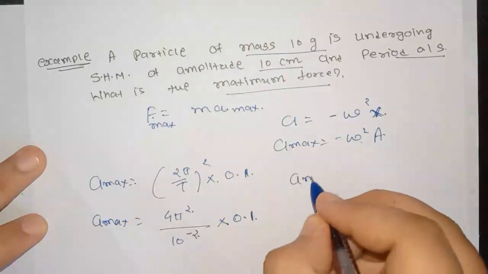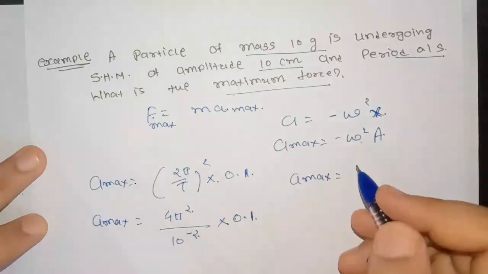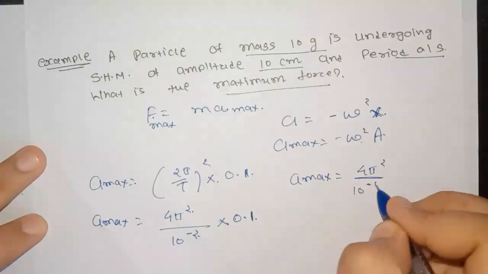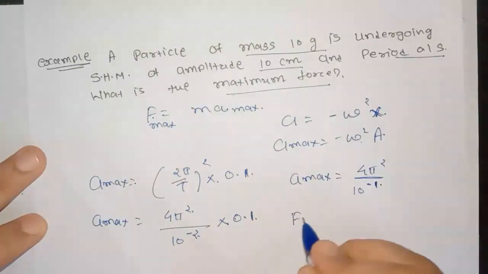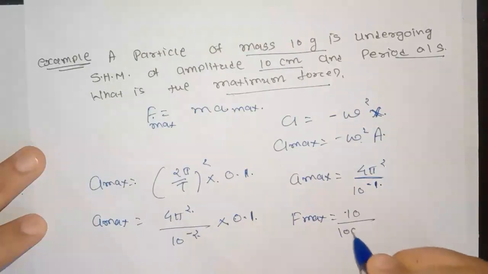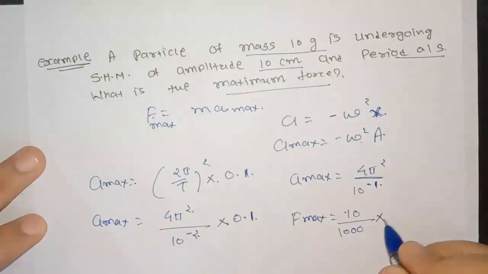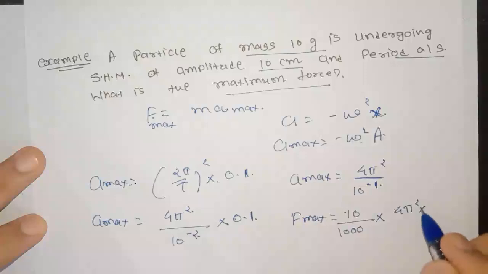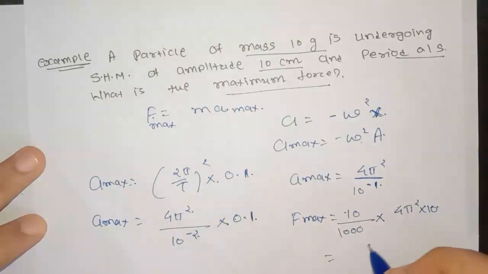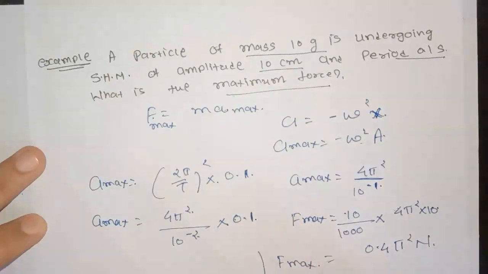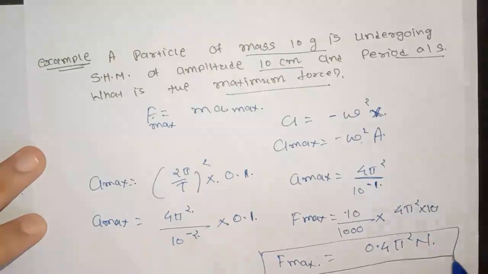So a max will be equal to 4 pi square divided by 10 power minus 1. So the maximum force will be equal to m times a, that is 10 divided by 1000 into acceleration 4 pi square into 10. So that will be 0.4 pi square Newton. This will be the maximum force on the particle of mass 10 gram.